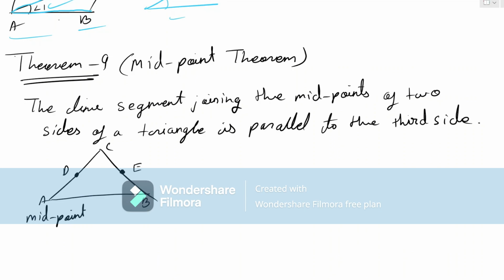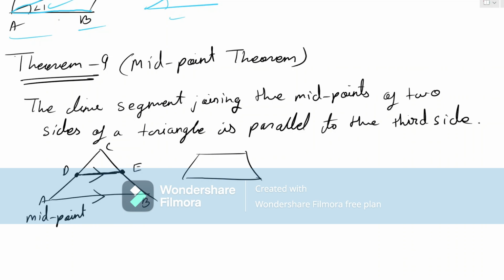Now if we join these midpoints like this, what can you guys observe? DE is parallel to AB, just like in a trapezium, right? If we draw a trapezium like this, this side is parallel to this side, not equal but parallel.